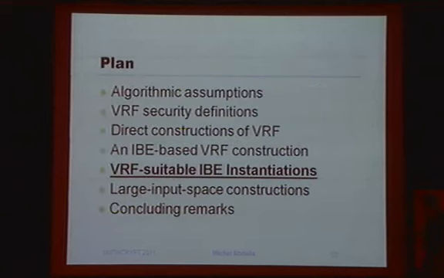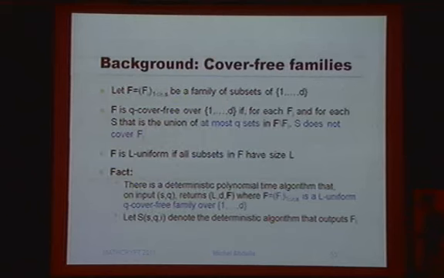So, what about actual instantiations of this scheme? I will very briefly talk about this generic construction. You can imagine that we can actually construct these things if we accept a weaker definition of VRF, which we call bounded VRF.